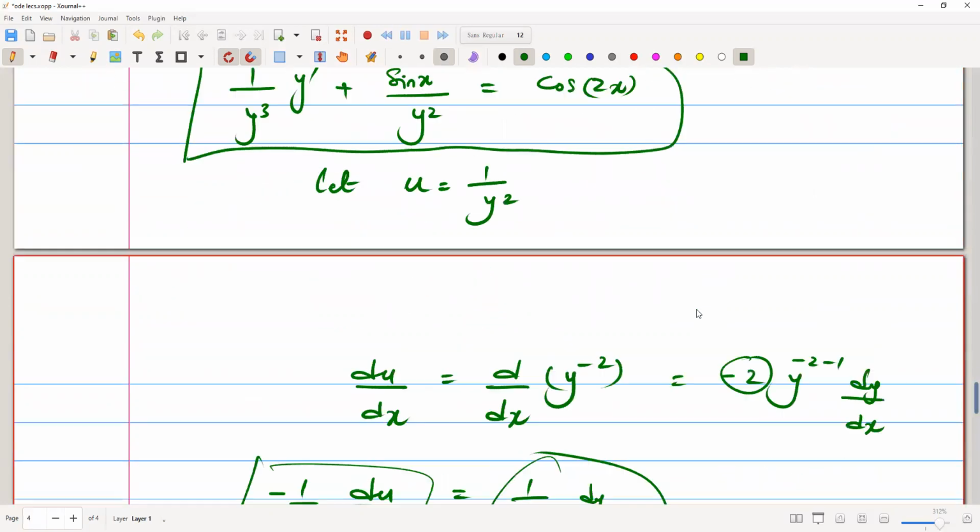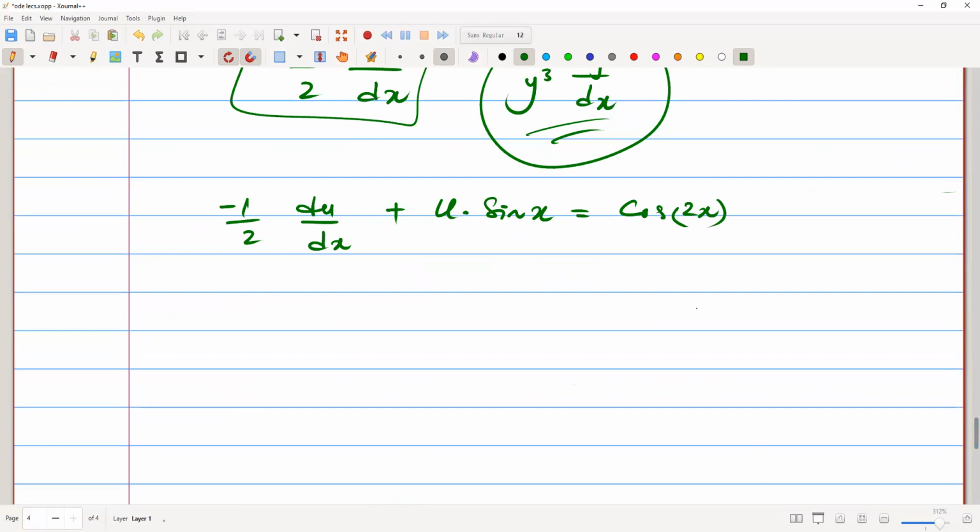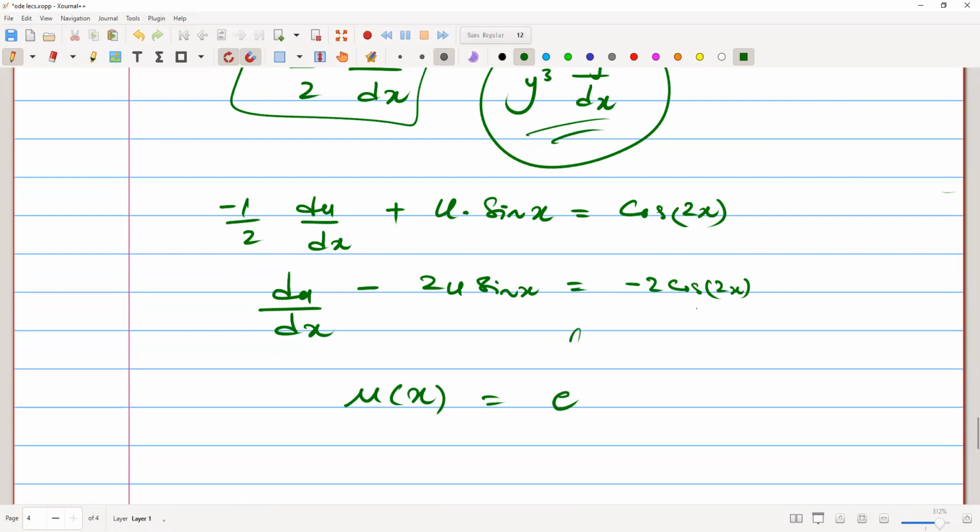So in this manner, now we can just multiply the whole equation with -2, and we will get du by dx plus 2u sine x equals -2 cosine 2x, right? So the integrating factor in this case will be equals to e to the power integral of 2 sine x dx.